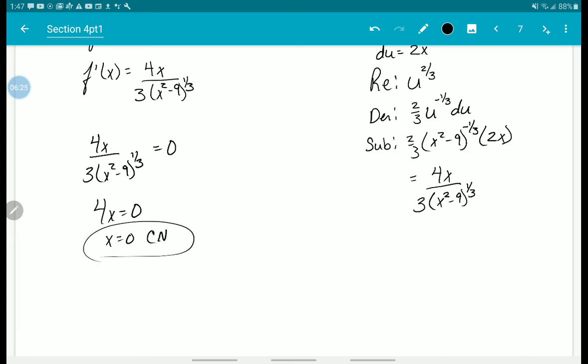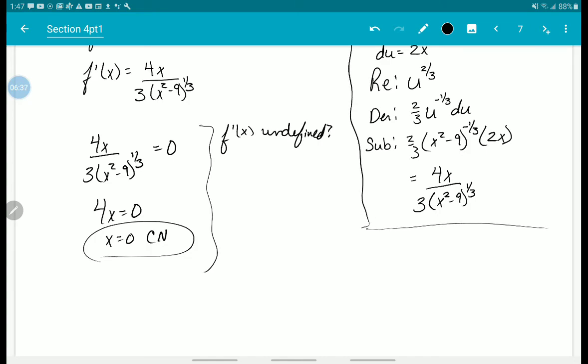But we also have to consider, where is f prime of x undefined? Well, this is going to be undefined anywhere that denominator is equal to 0. So let's look at where that denominator is equal to 0.